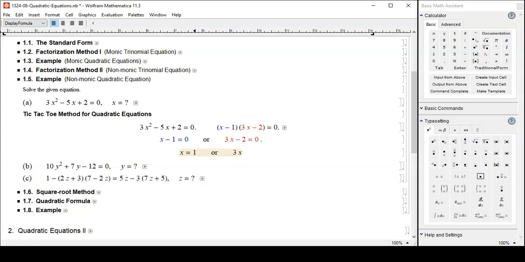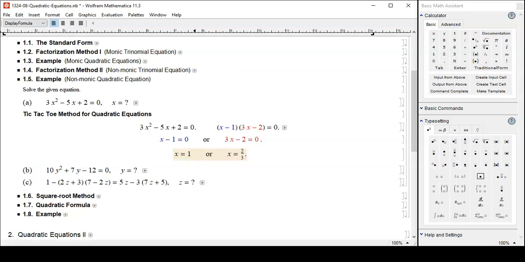From the red equation, we get 3x is equal to 2. And then dividing by 3, we get x equal to 2/3. So we have the red solution, and we have the blue solution. This kind of thing is called the tic-tac-toe method for quadratic equations.